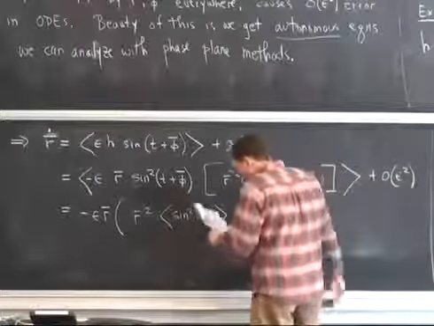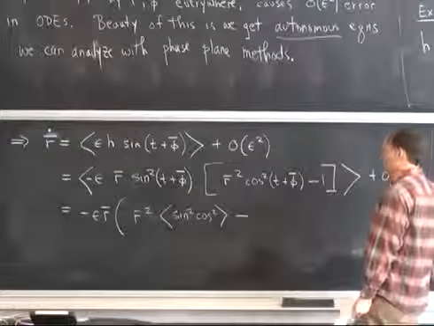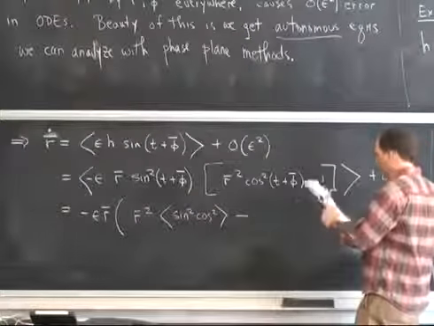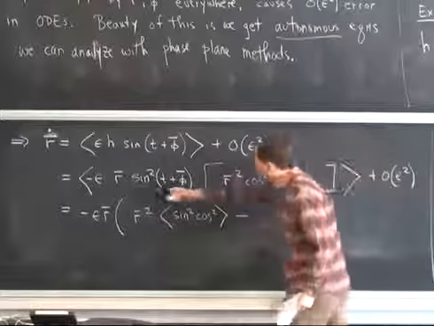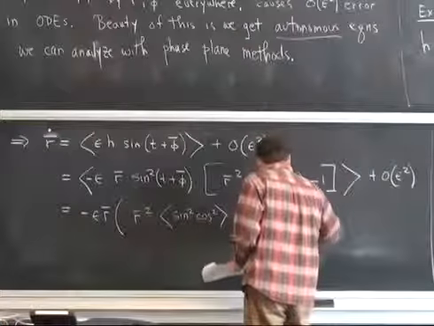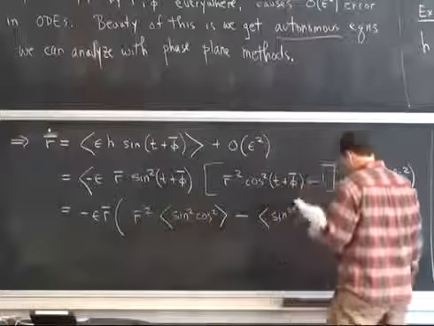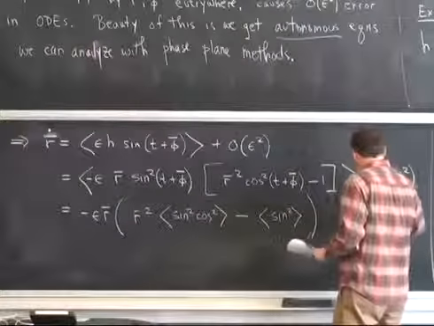So I'll just write it that way. And then minus, what else is there? I have a 1 times a sine squared. So this subtraction says I should be doing an average of sine squared. Close that, and then plus order epsilon squared.